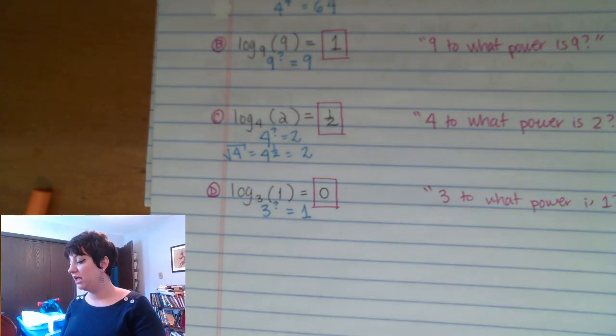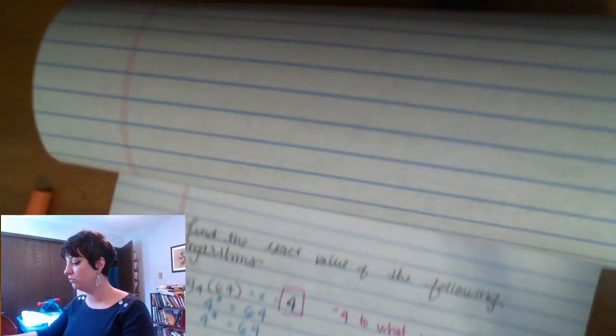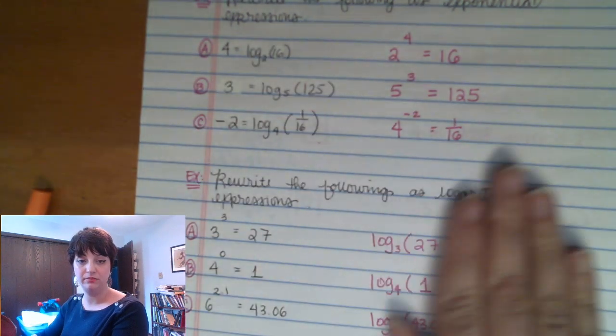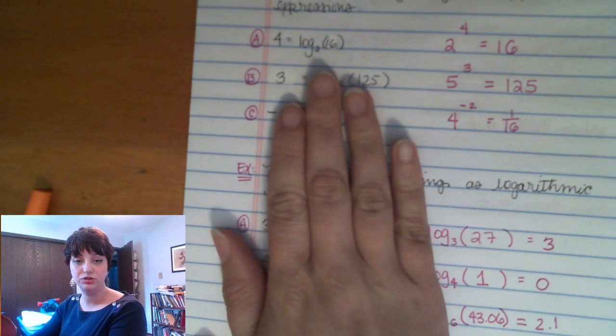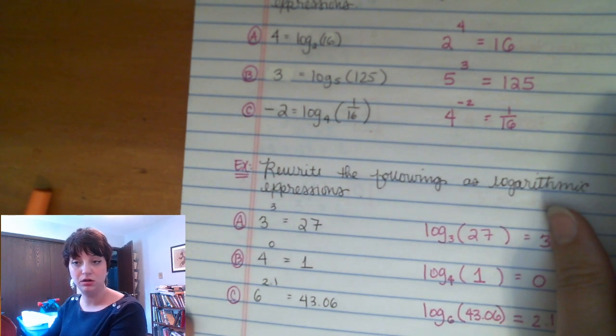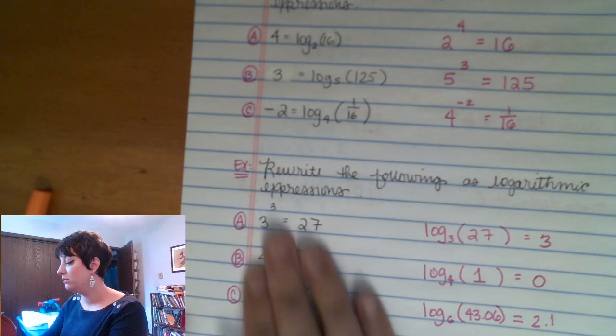All right, if you still feel a little shaky on logarithms and feeling comfortable with them, do more of these types. And if you want me to direct you to some, I can. Just send me an email or a Blackboard message. I'll direct you guys to some more.